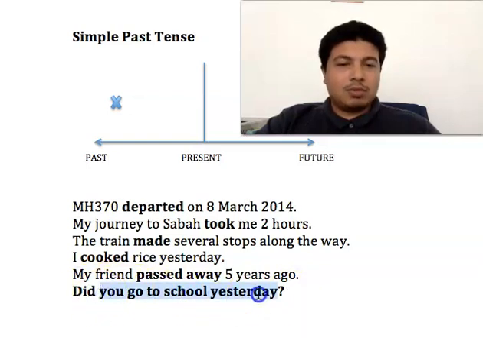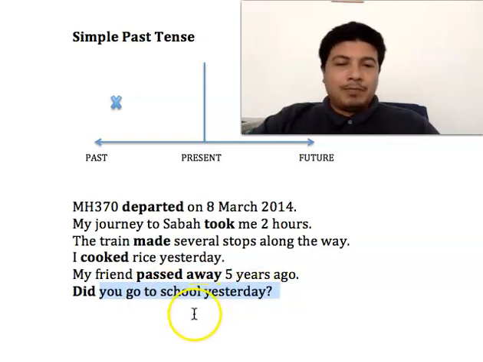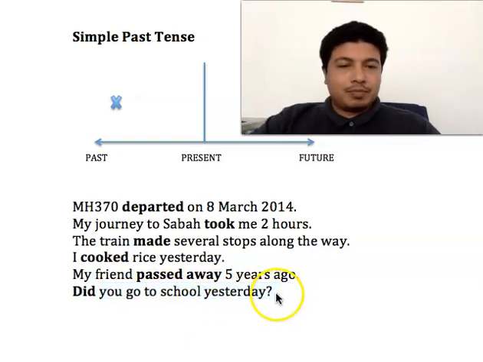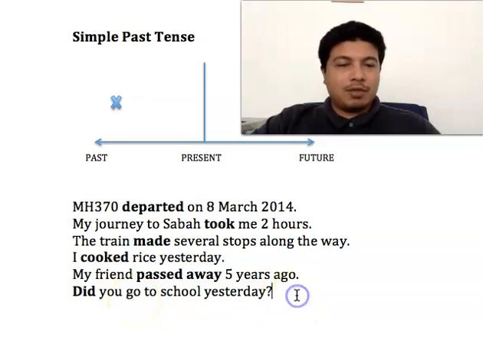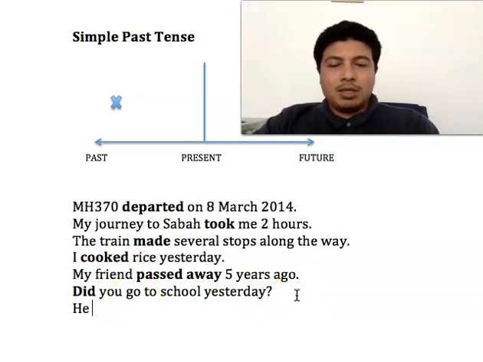So did you go to school yesterday? After the word did, do or does, the verb has to be in the root word, in the base form. For example, when you say he goes to school, when you ask a question, you say, did he go to school?